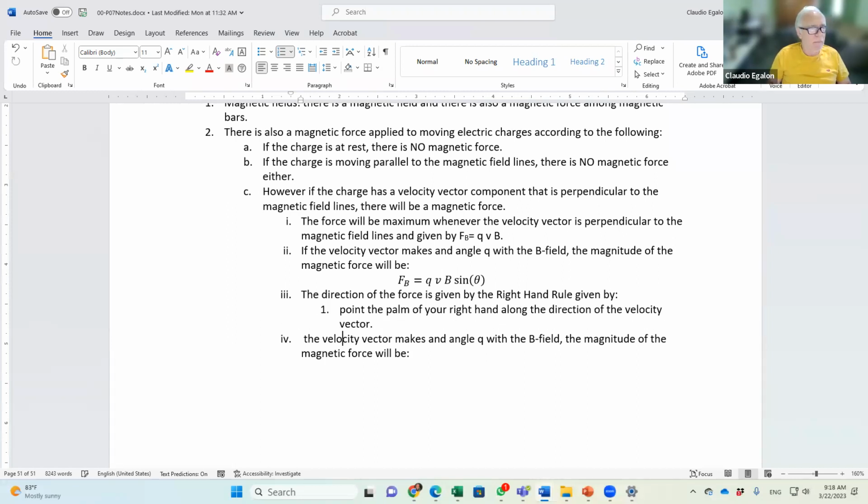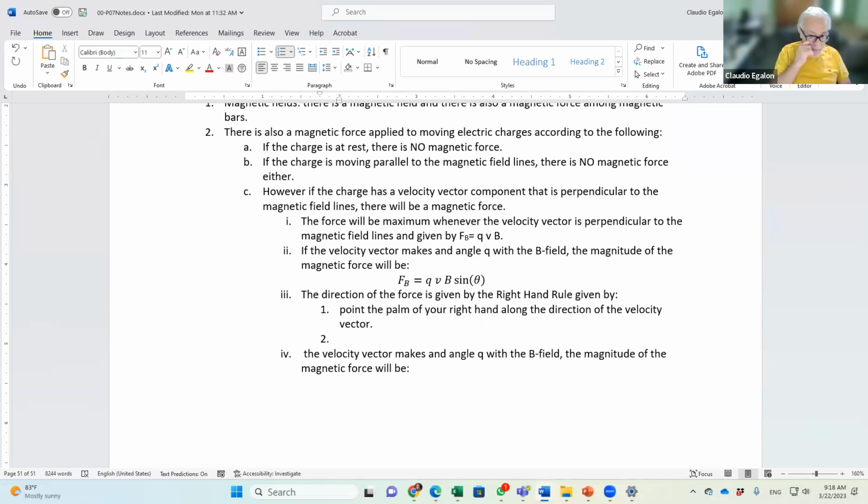Then move the palm of your right hand towards the magnetic field vector.